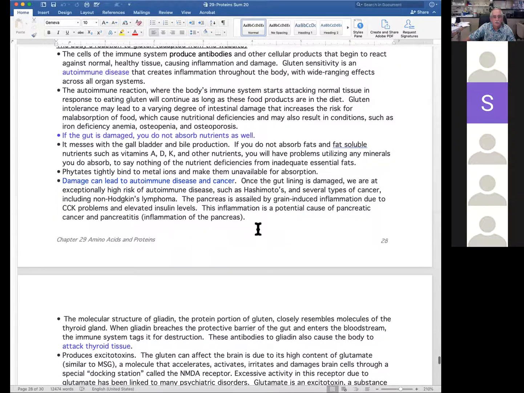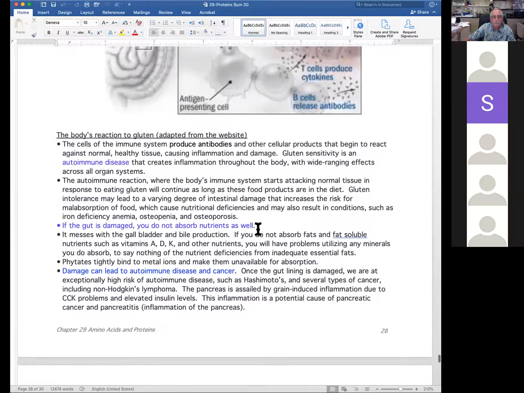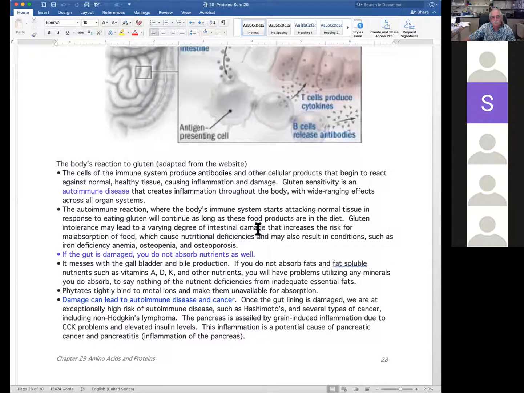So in here somewhere, I should probably put how many of your cells are involved in digestion and getting nutrients. I have the number somewhere. I don't remember what it is, but it's a tremendous number. Look how long your intestines are. If you look at rudimentary organisms, a good example is a sea cucumber.